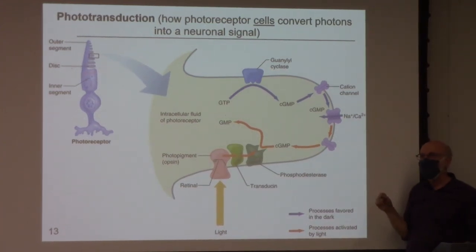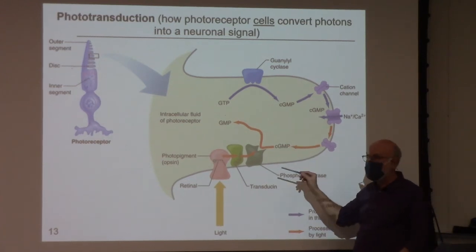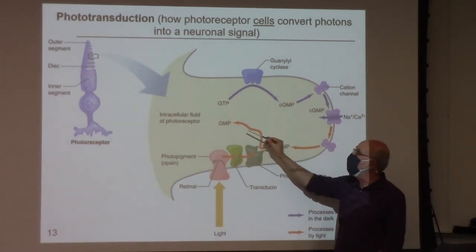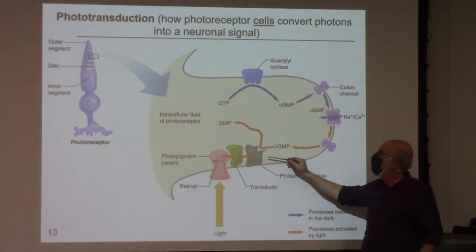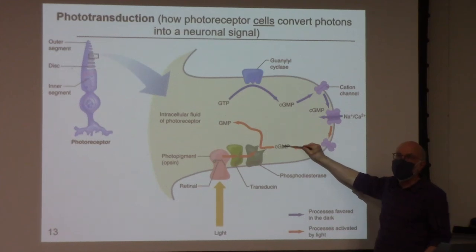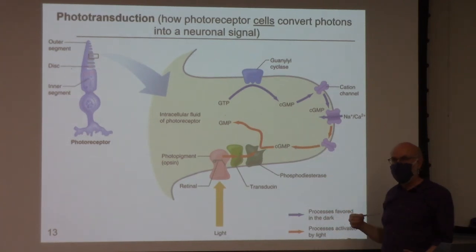Okay, you've seen this before. Phosphodiesterase, what does it do? It cuts cyclic GMP into just ordinary GMP. This enzyme reduces the concentration of cyclic GMP. That's how our opsins work.